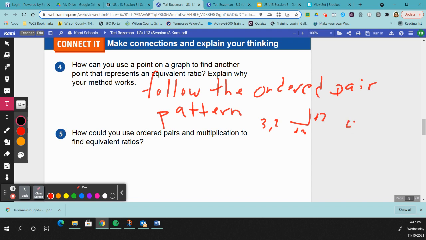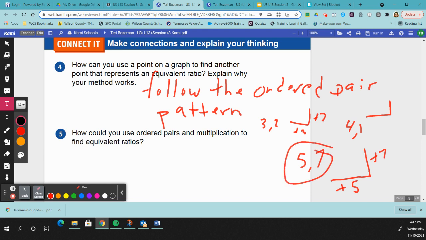If our ordered pair was 4, 1, our pattern would be over 4, up 1. If our ordered pair was 5, 7, it would be over 5, up 7. So as long as you follow that pattern for whatever your ratio, your ordered pair is, that determines the pattern that you need to follow.